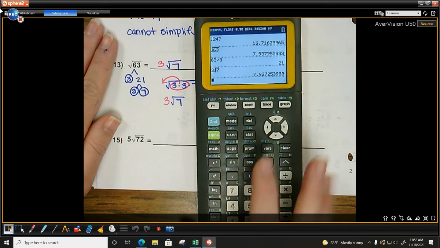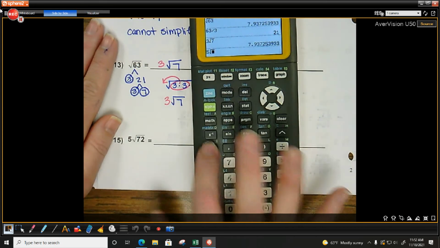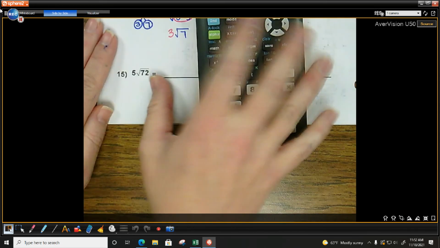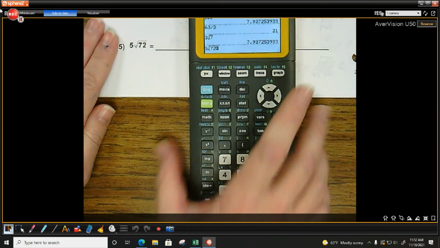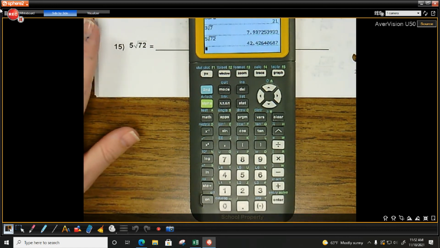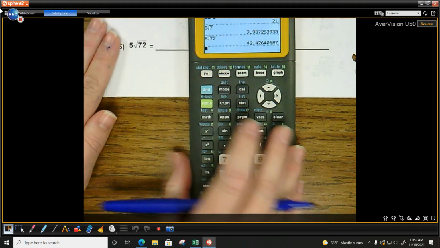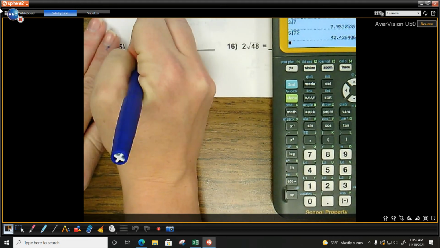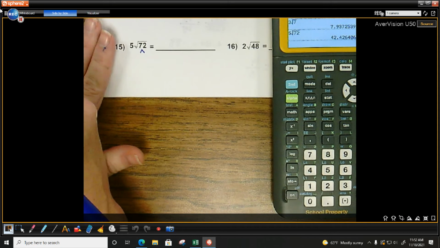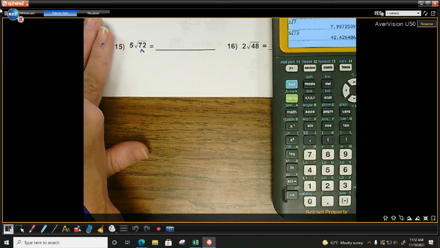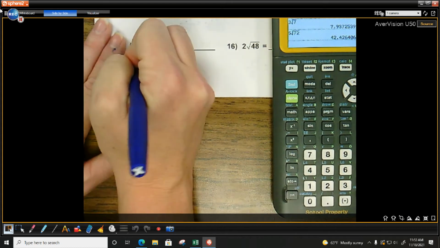Okay, 5 square root 72. Type our last one in the calculator, 5 square root 72. And we get a decimal, so we need to factor tree this. Factor tree 72. 5 isn't part of the 72. It's on the outside multiplied with it. So don't worry about the 5 right now. We're just factor treeing 72. 72 is even, so it's divisible by 2 and what? 36.